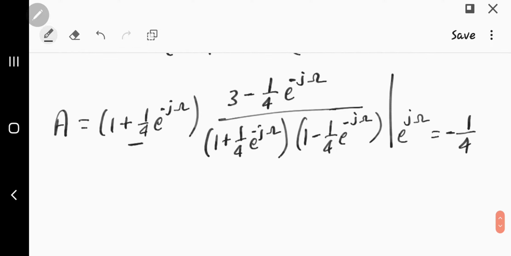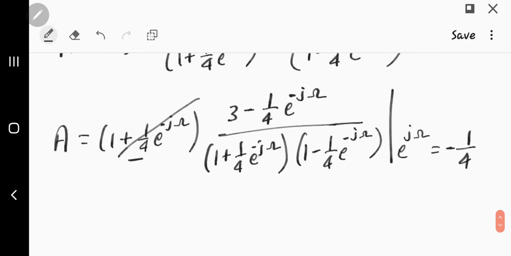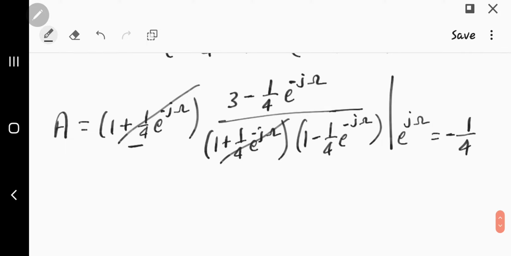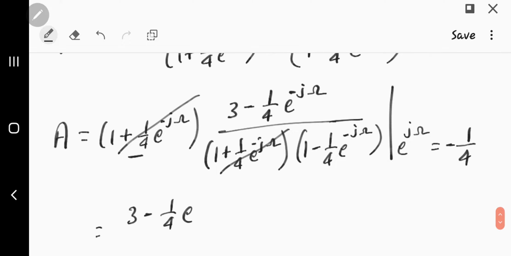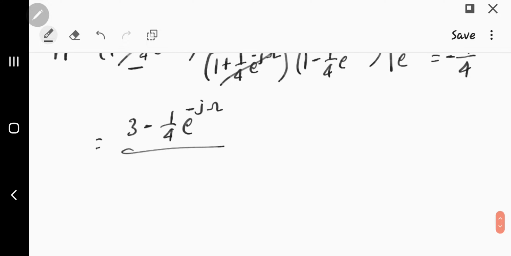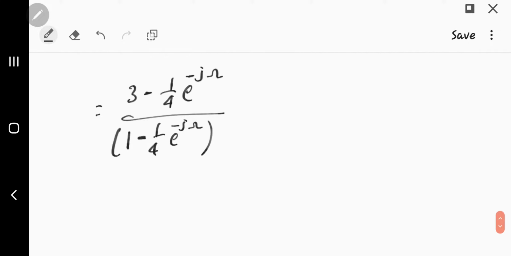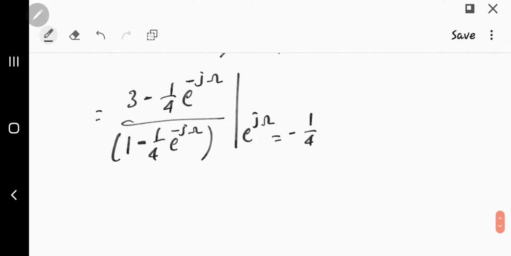So next, these two get cancelled, and we remain with (3 minus 1/4 e^(-jω)) divided by (1 minus 1/4 e^(-jω)), where e^jω will take the value minus 1/4. Let's substitute that.